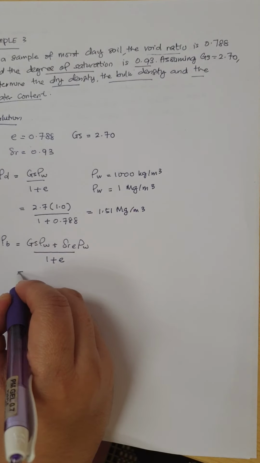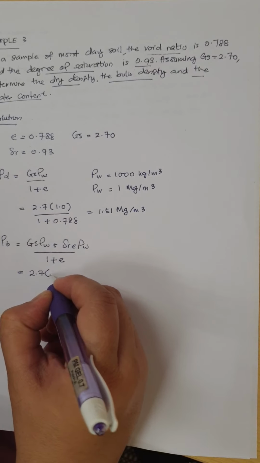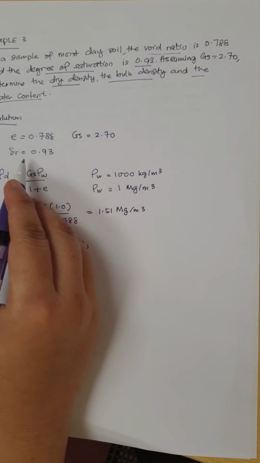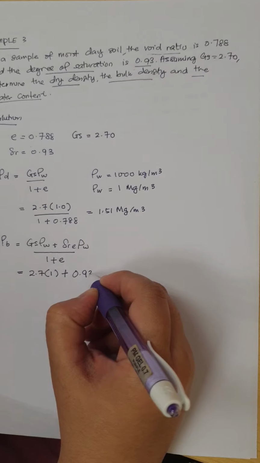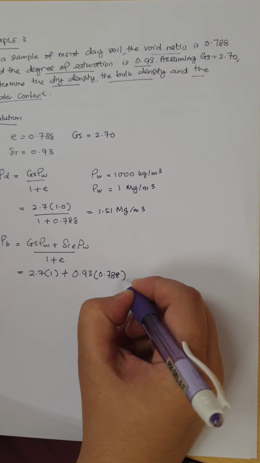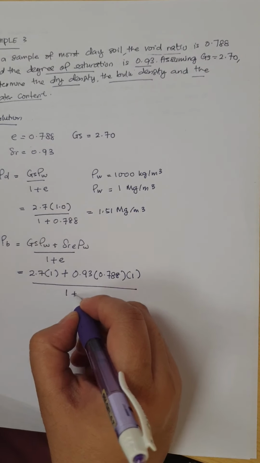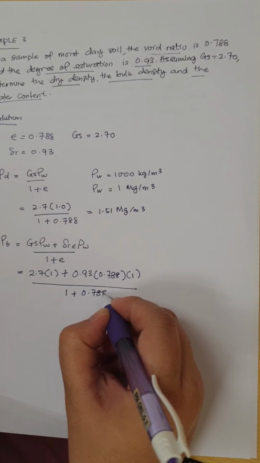So now substitute with values. Gs is 2.7, rho w is 1, Sr is 0.93, e is 0.788, rho w is 1, and then 1 plus 0.788.